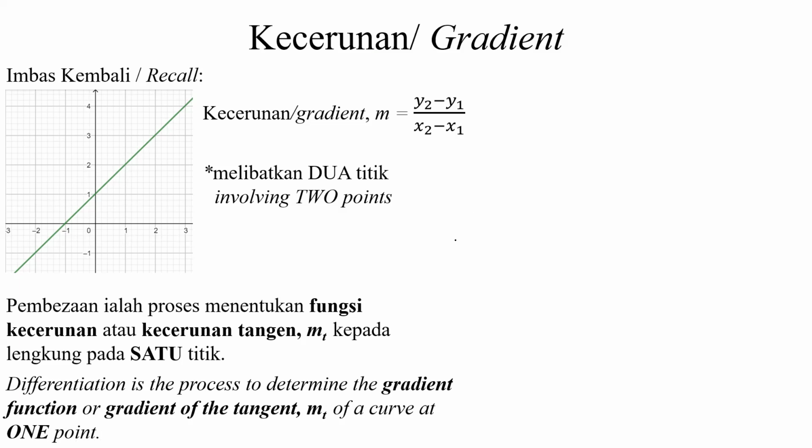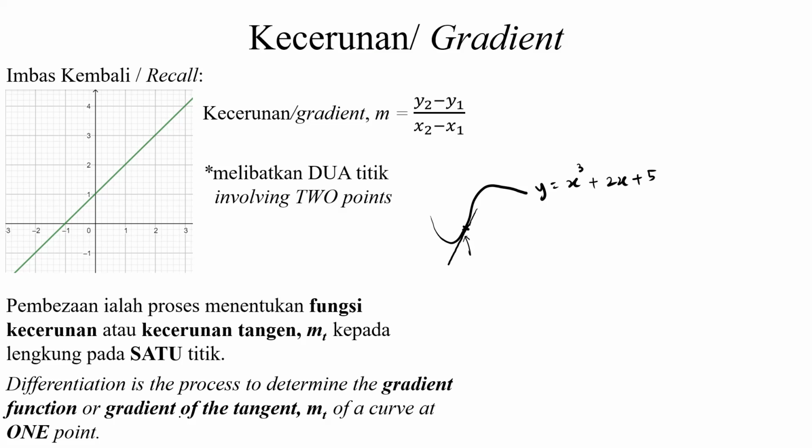Now, let me just tell you this. If your curve is a cubic curve, so you have y equals something like x cubed plus 2x plus 5, I want to find the gradient of the tangent here. A tangent means a straight line that touches the curve at only 1 point.